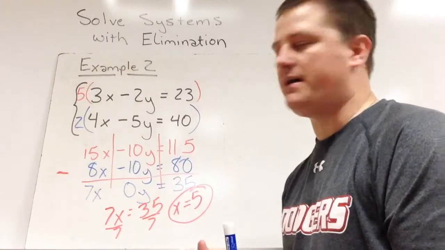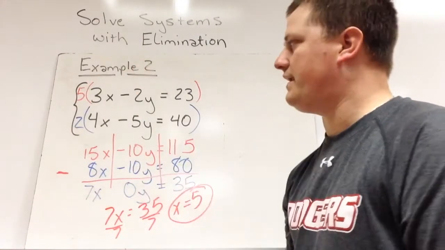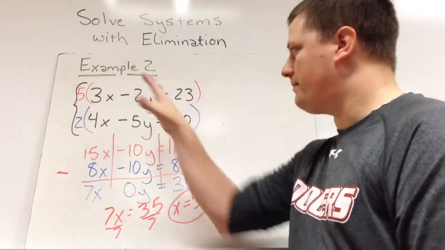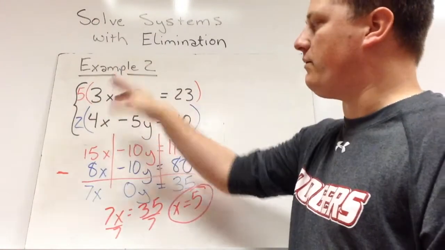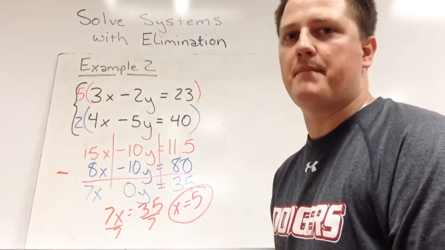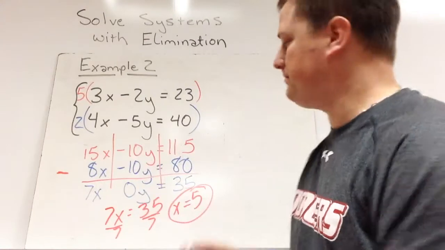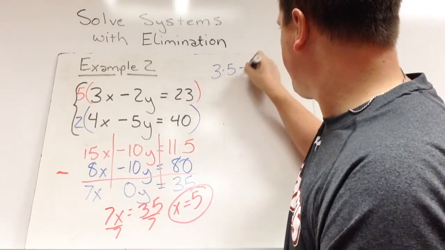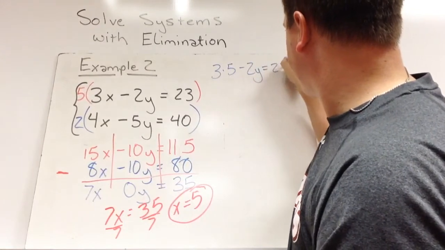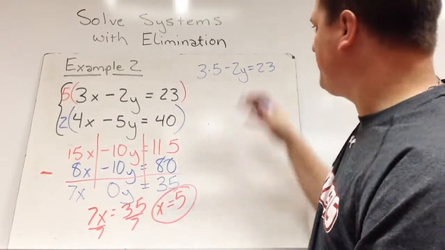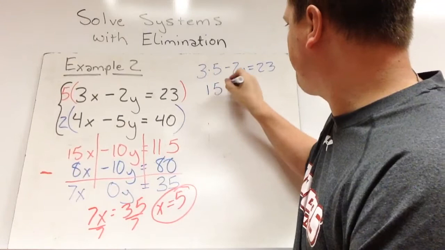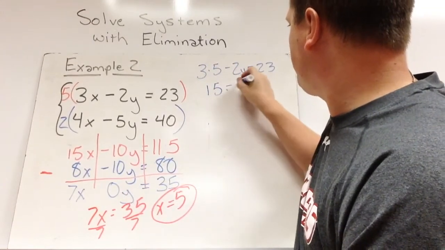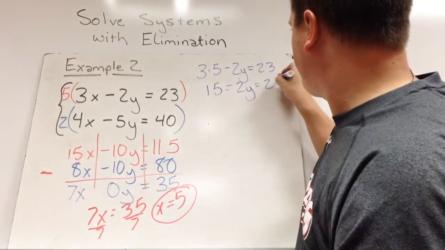We need to now find y. So we're just going to substitute that into one of our original equations. I'm going to go with the top one. I'm going to use the black equation, not the ones that I made, because these have smaller numbers. So 3 times 5 is 15, minus 2y equals 23.